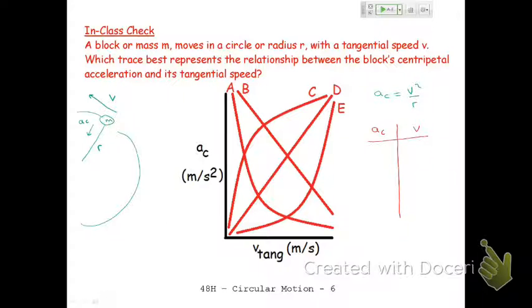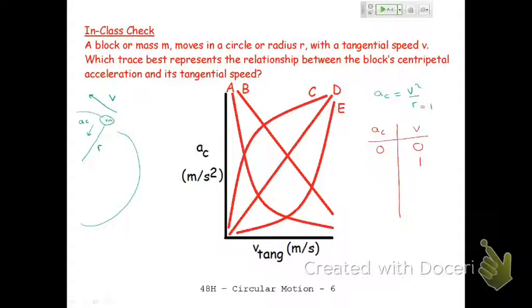Whenever you do a little table, you say, I wonder what AC is when V equals 0. Well, it's going to be 0 squared over r. Let's let r equal 1, just to make the math easy. Why have a complicated number? So 0 squared over 1 is 0.